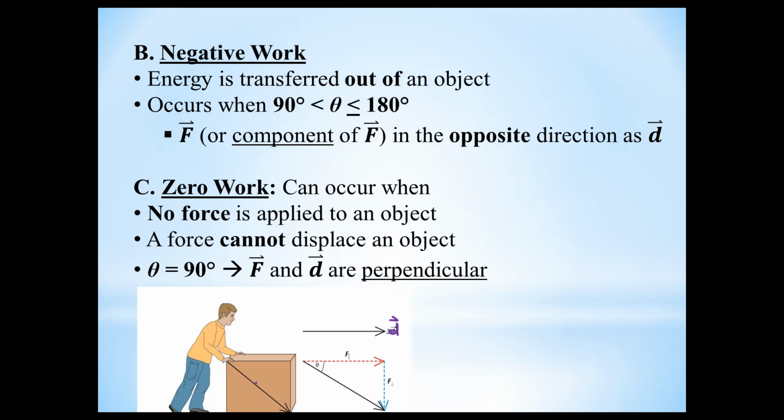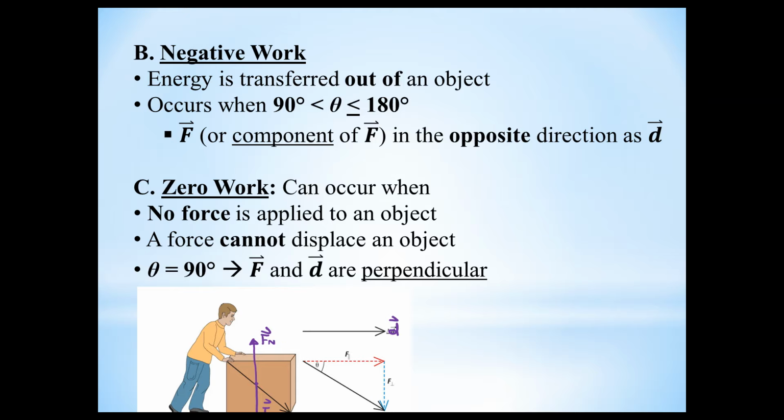If I drew more forces on a free body diagram, I'd have my force of gravity that's straight down, Fg, and I'd also have the normal force that is straight up. And since the normal force is perpendicular to the displacement vector and Fg is perpendicular to the displacement vector, these two forces don't do any work on the object.